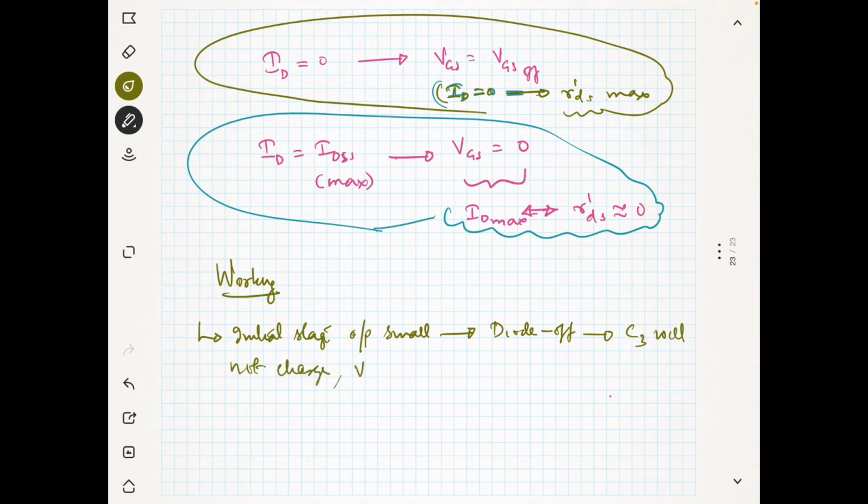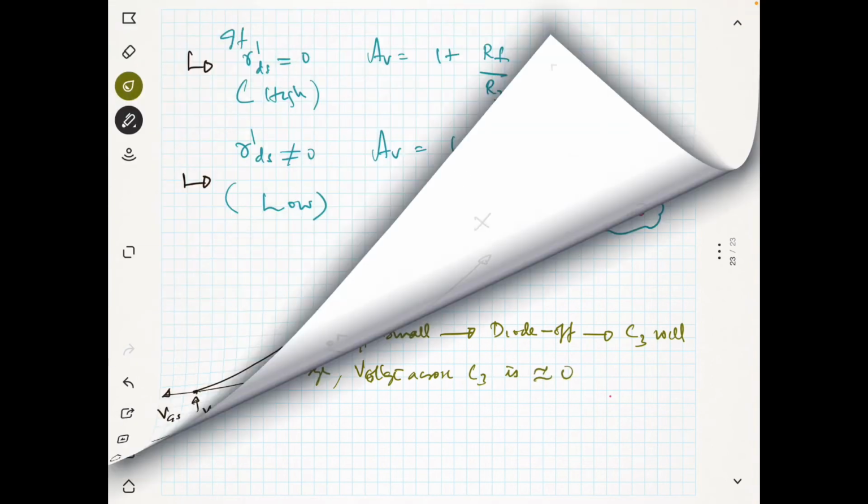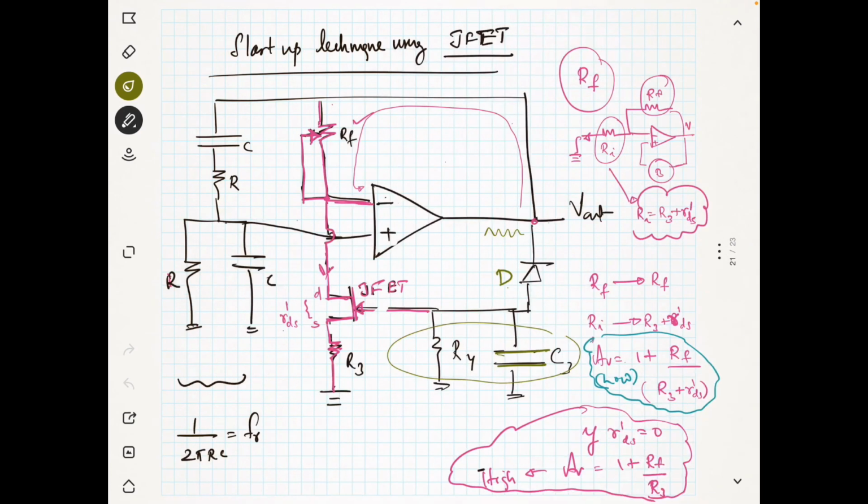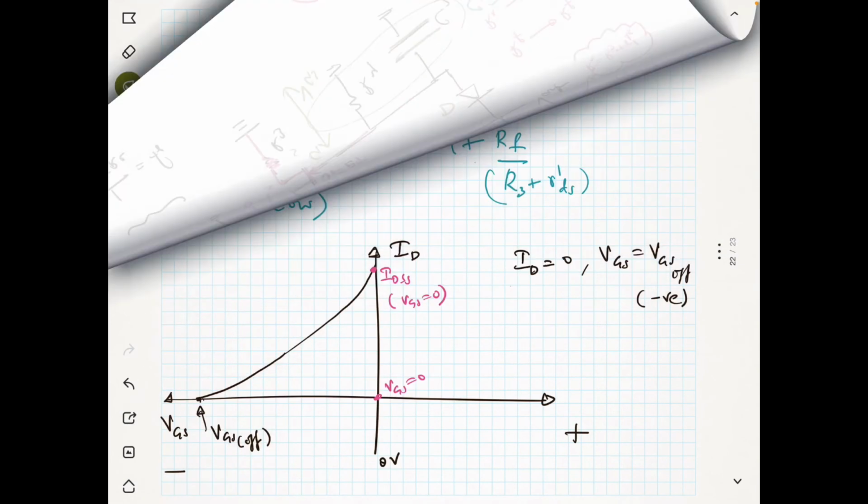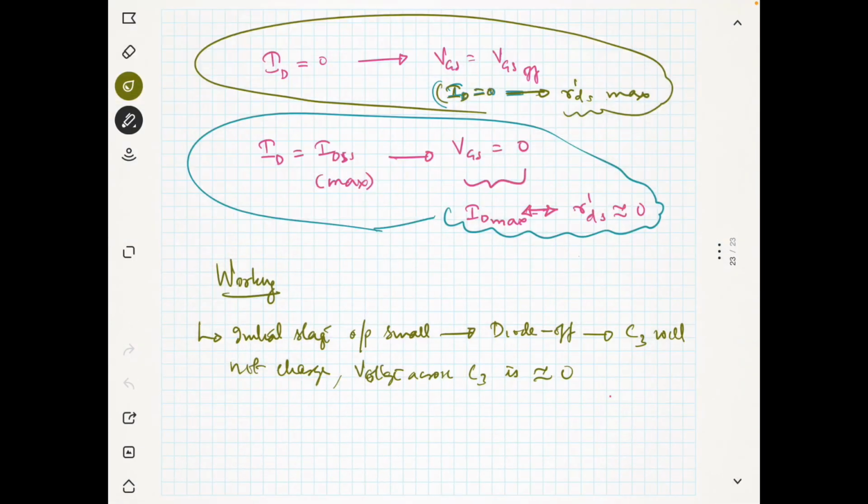So the voltage across C3 is approximately 0, small, right? This is the gate and this is the source. You can see here that this is VGS. So VGS also will be small, right? So VGS is approximately 0.